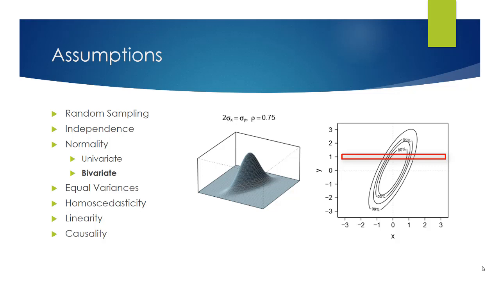So if I'm looking at y, 1 standard deviation above the mean, what I should see is that at that score, there is a mean for x, and that around that mean of x, the scores for x are normally distributed at that level of y. And I should see that for all possible scores on y and all possible scores on x. I should also see that with y being normally distributed at each of those levels on x.